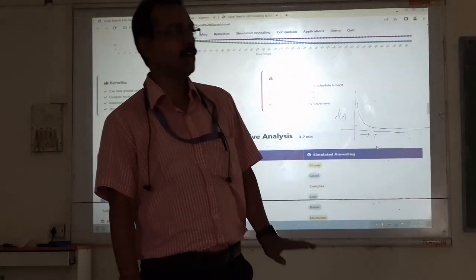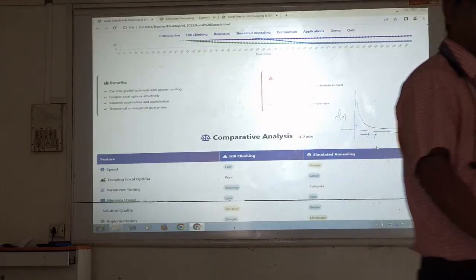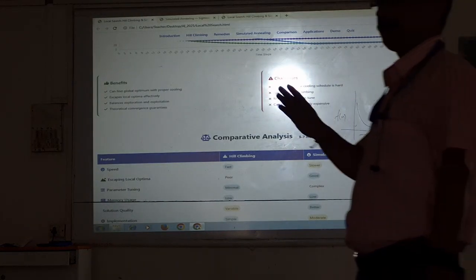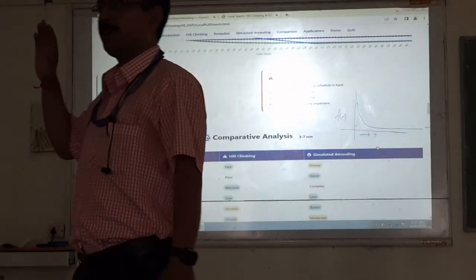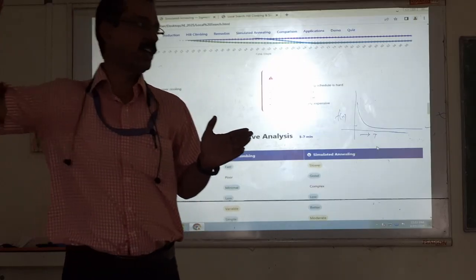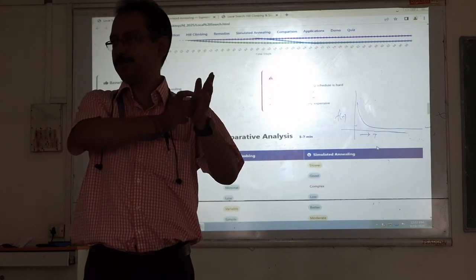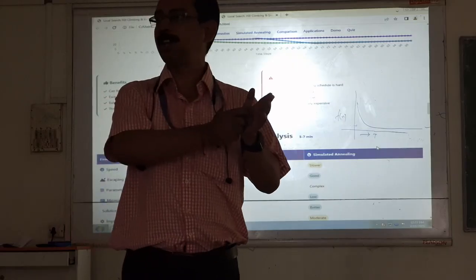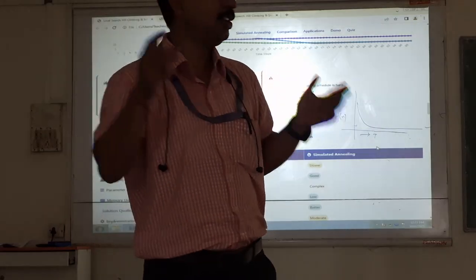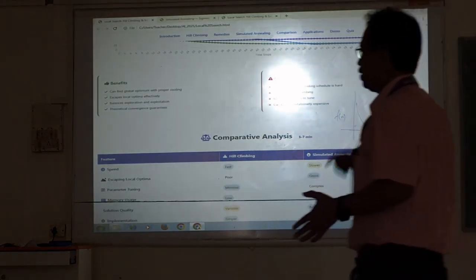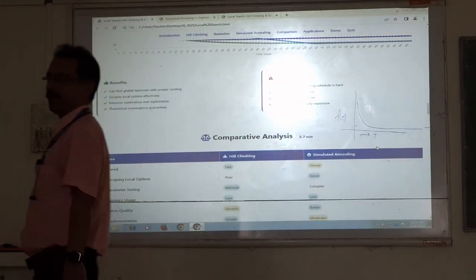But before that, I would like to ask whether any doubt about what we have discussed so far: what is simulated annealing and how the concept of metallurgy, the normal annealing, is simulated here, how the energy is symbolized here in our algorithm, what is temperature there and what is temperature here, what is the probability, what is the need of the probability. This probability function is also very important.